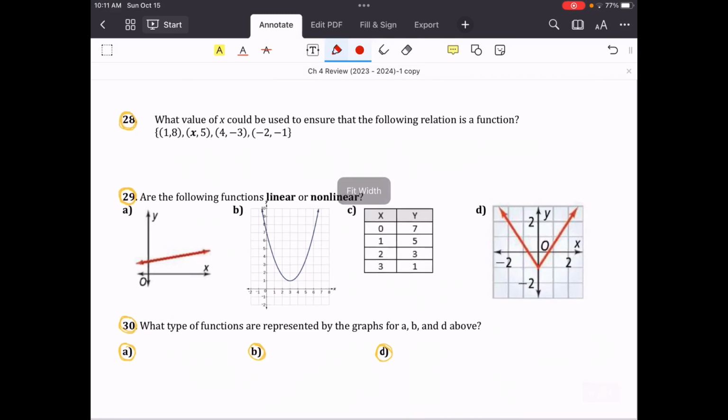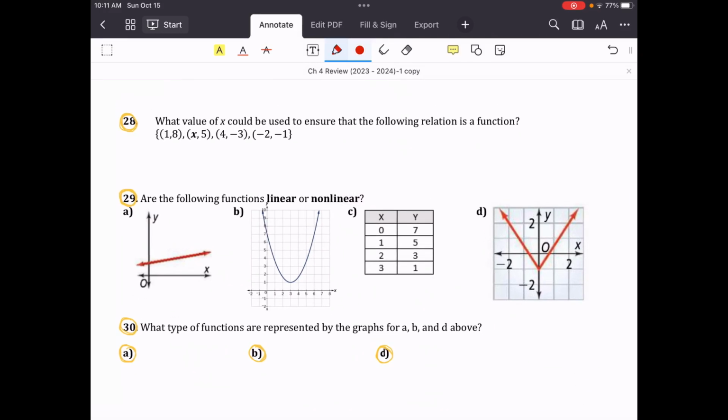All right, I'm going to hop down to question 28. What value of x could be used to ensure that the following relation is a function? So we want it to be a function. In order for this to be a function, all we have to do is remember that each domain value goes to one range value. So ideally, we just want to make sure every x value of our ordered pairs is used once. So in this case, we've already used 1, 4, and -2.